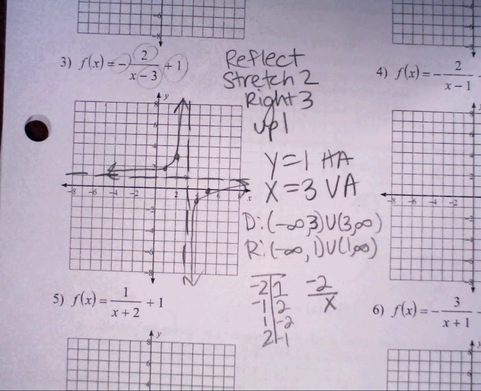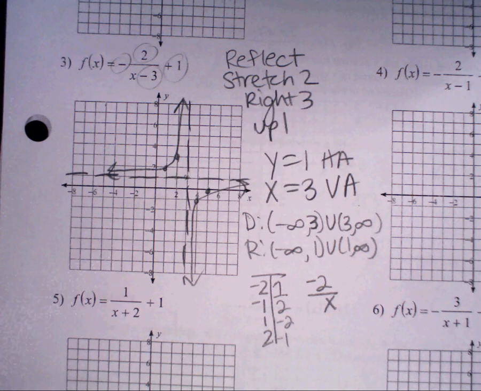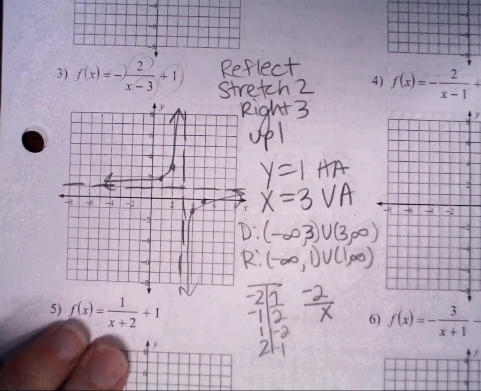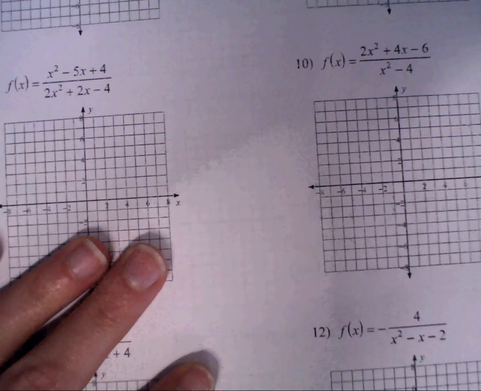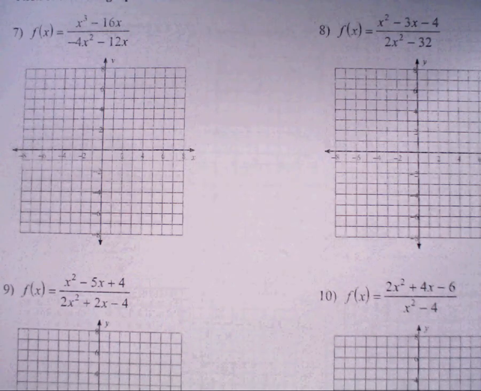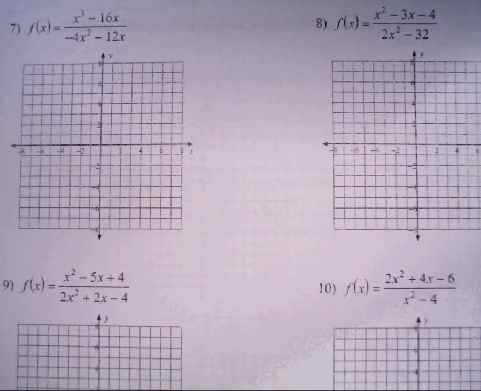Again, this is with the transformation ones. All of them with the A, H, and K are in transformation form. The ones on the back are not in transformation form. So let's flip to the back. Okay, the reason these are not in transformation form is because we have various variables.